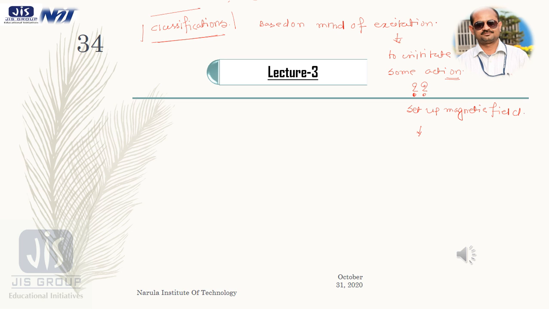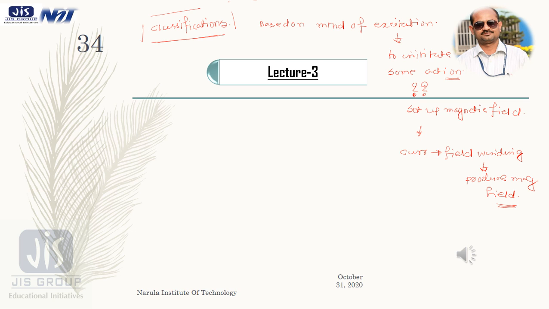So we provide current in the field winding and that will produce magnetic field. Now we have seen in case of DC machine, it requires stationary magnetic field for its operation.